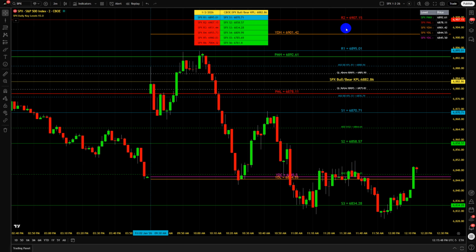Now with this indicator, you can take bullish or bearish trades not only off of the bull bear key price level, but also off of the other main key levels, specifically on this V2.0 version, the R1 through R6 levels and the S1 through S6 levels.